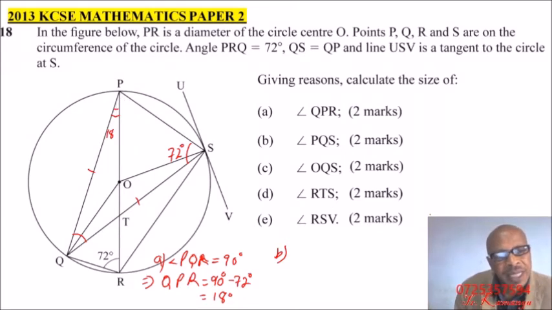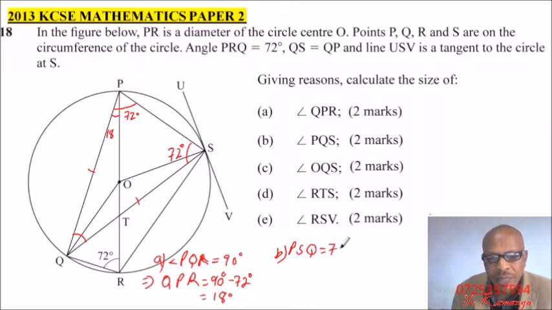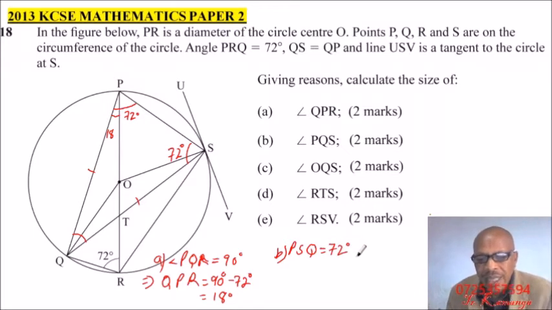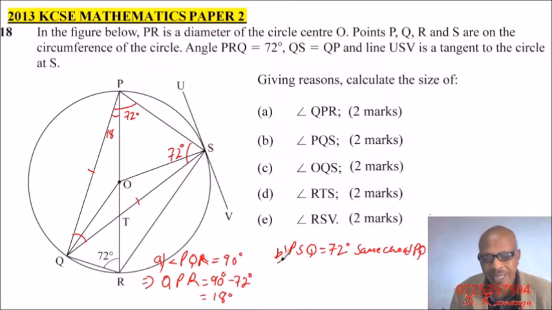The whole of this angle is 72, because PQS is an isosceles triangle. PQ is the same as QS. To give reason, PSQ is equal to 72, same chord PQ, subtended by the same chord.